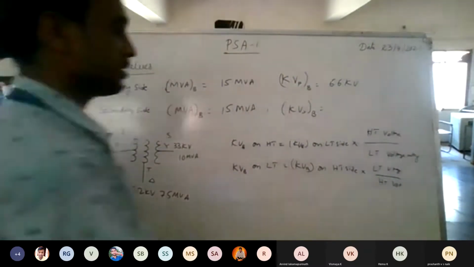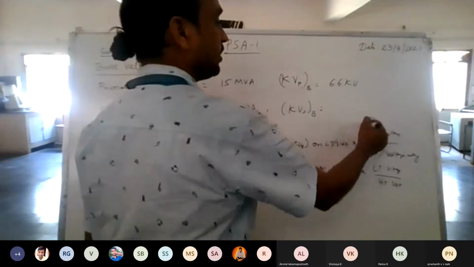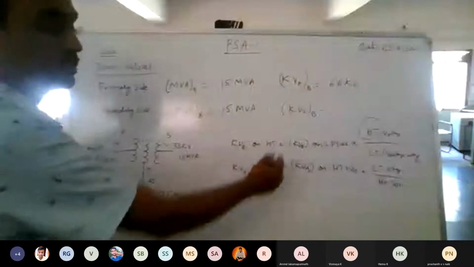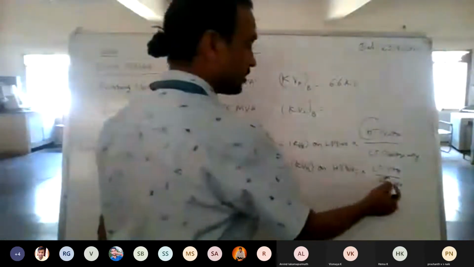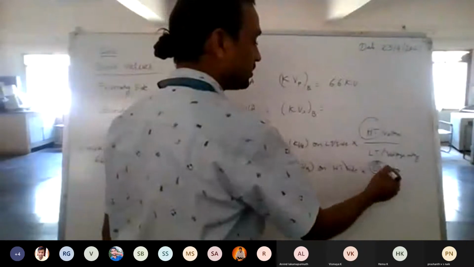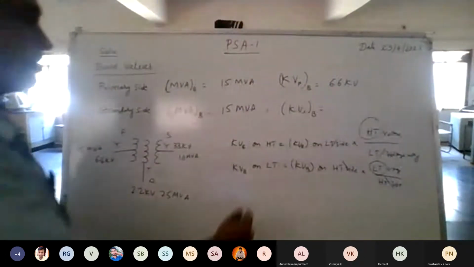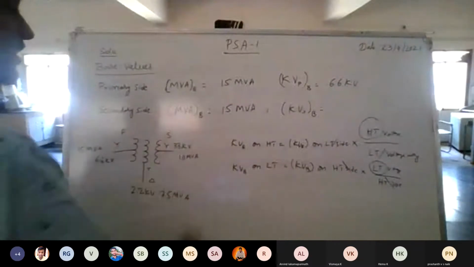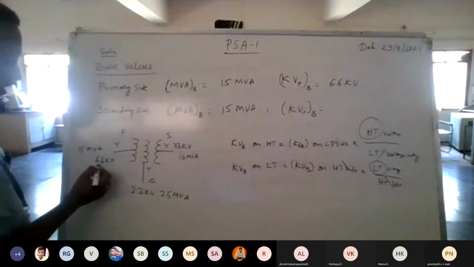So what is the remaining thing? LT gets cancelled, remaining is the HT voltage, so the kV base on the HT side. Similarly for the kV base on the LT side, HT gets cancelled and remaining is LT. According to this, you can write for the secondary side. Secondary is HT, 33 kV, and primary is 6.6 kV, low voltage.